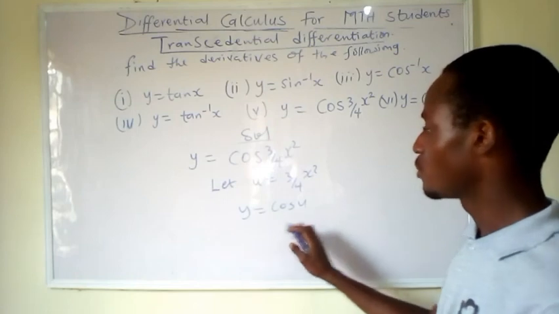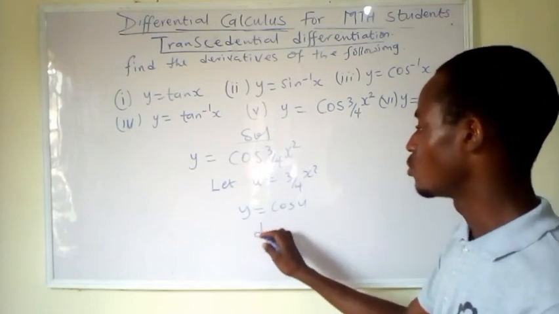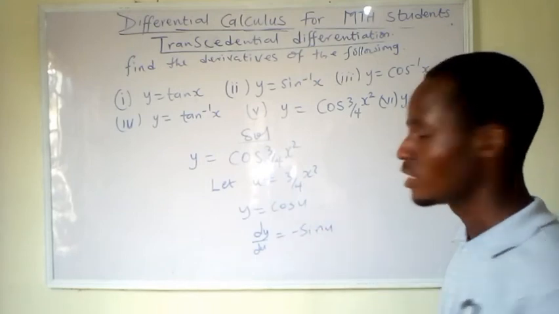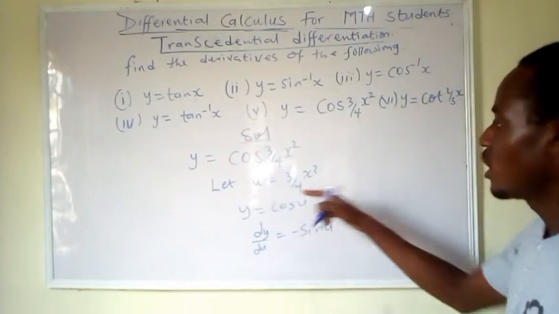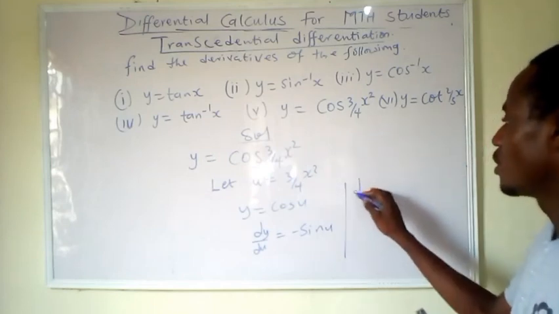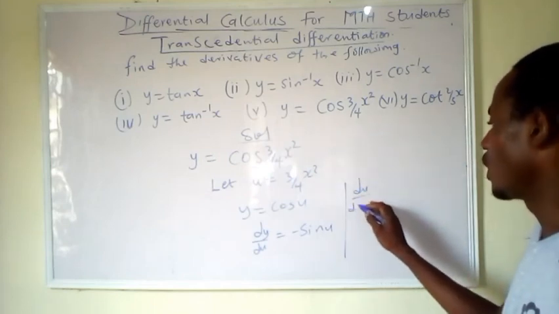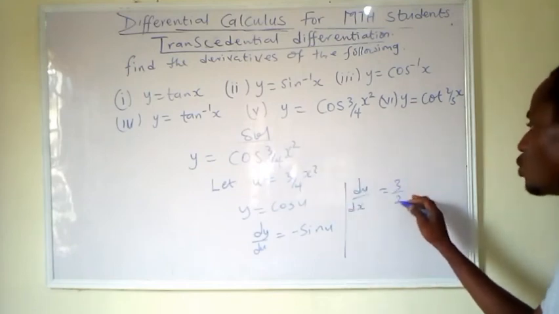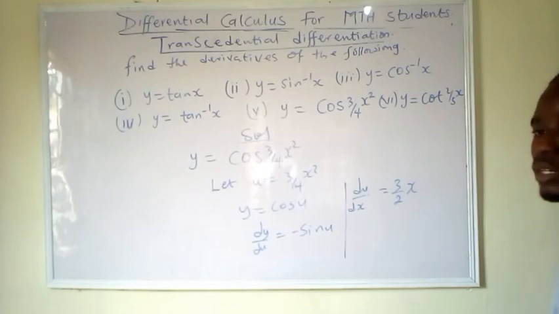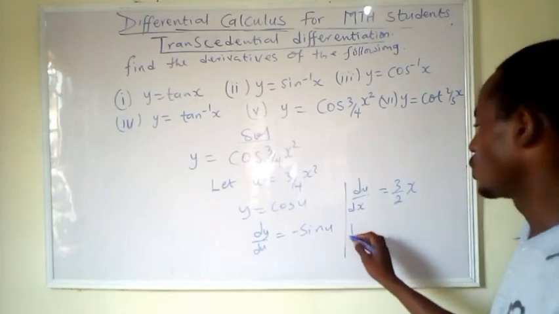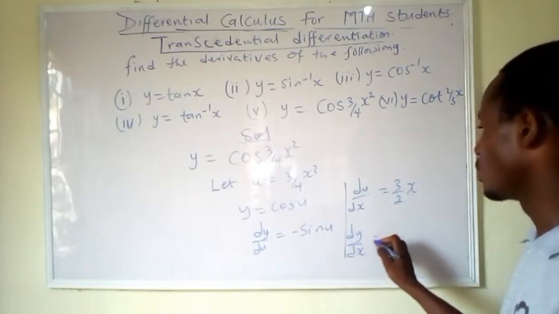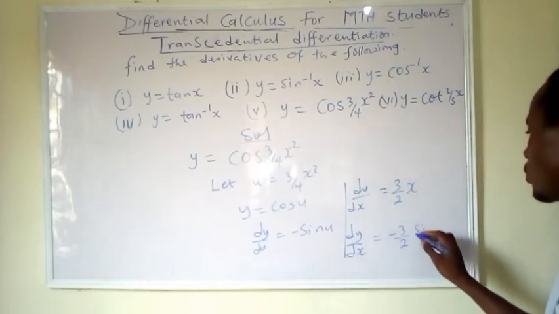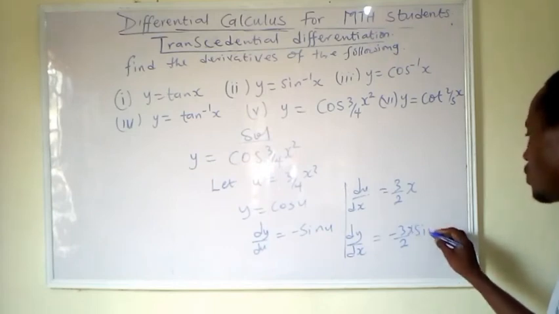So the derivative of y with respect to u is minus sine u. So dy du is equal to minus sine u. That is the essence of that table. So then here I have du dx, which is going to be 3 all over 2x. So the product of these two, which is dy dx, is now minus 3 all over 2x, sine u.